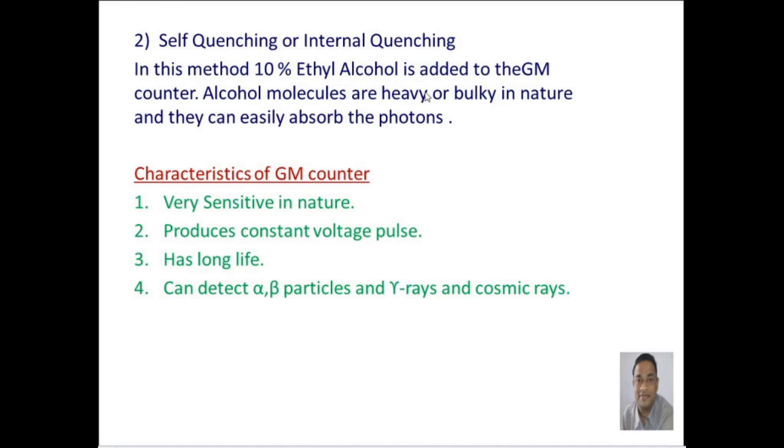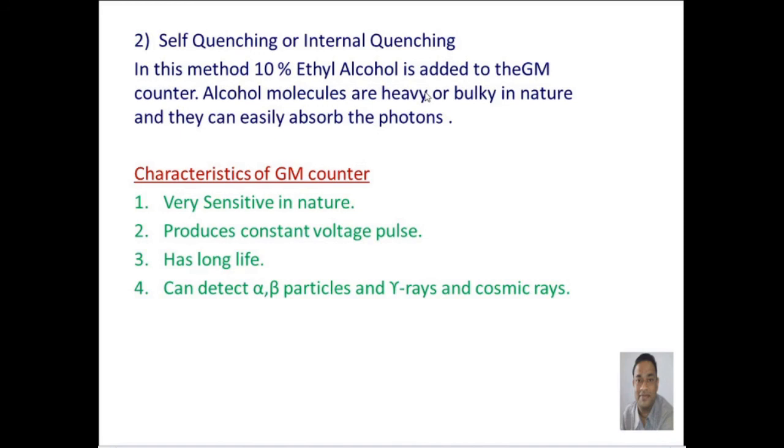The alcohol molecules are heavy. They are organic molecules. They are heavy and bulky in nature. And whenever a photon falls on them, they will easily absorb the photon without breaking themselves. So in this particular case, the photons which are produced are absorbed by the organic ethyl alcohol molecules.